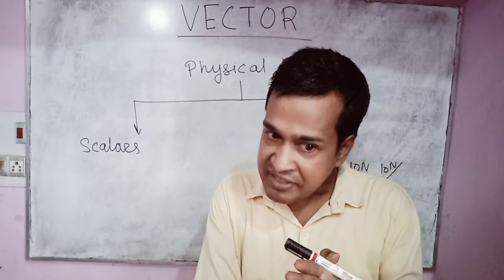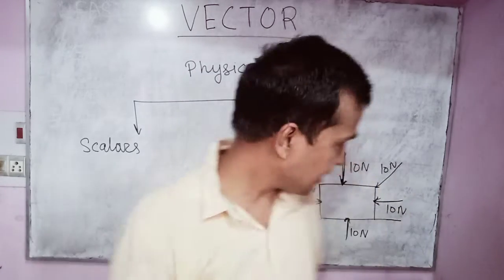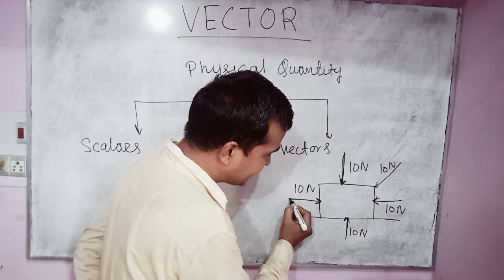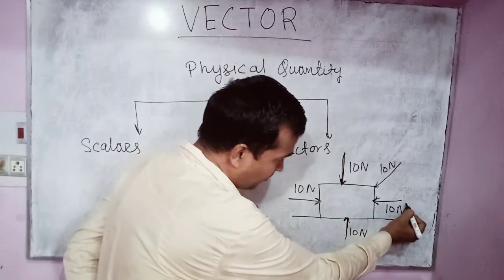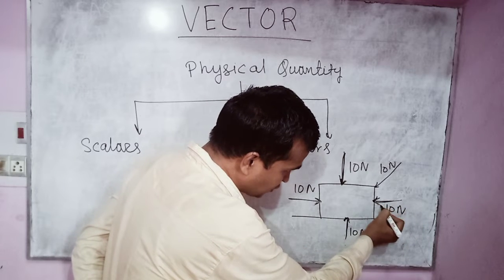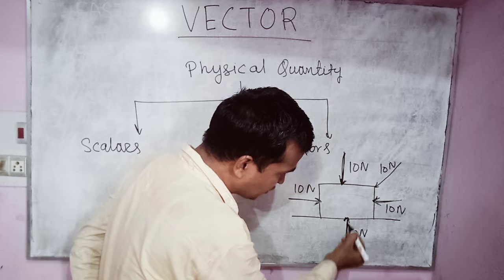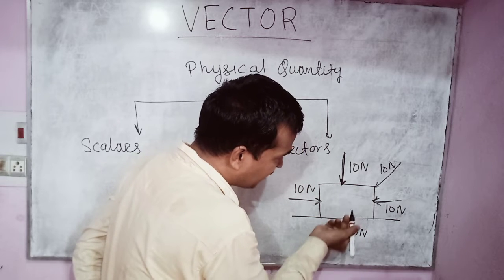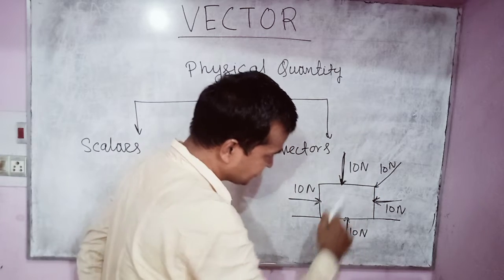Then a question arises: 10 Newton force is applied on the block, but in which direction? Because by changing the direction of force, the impact of the force changes. See here, this is a block and I can apply a force of 10 Newton this way. Its impact will be different from this 10 Newton force applied in this direction. This 10 Newton force applied in upward direction has an impact different from the 10 Newton force applied in the downward direction.